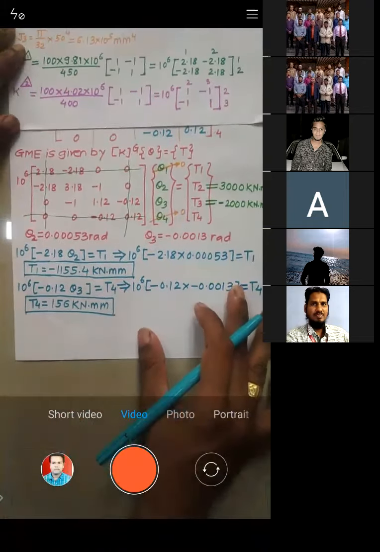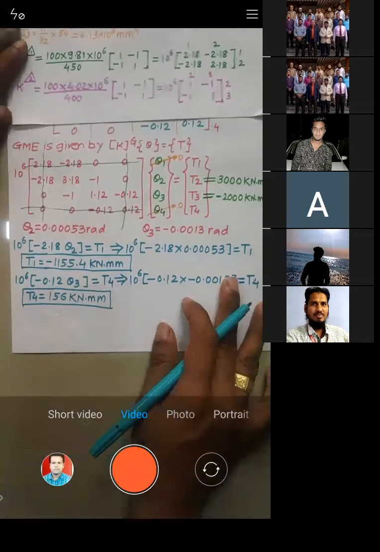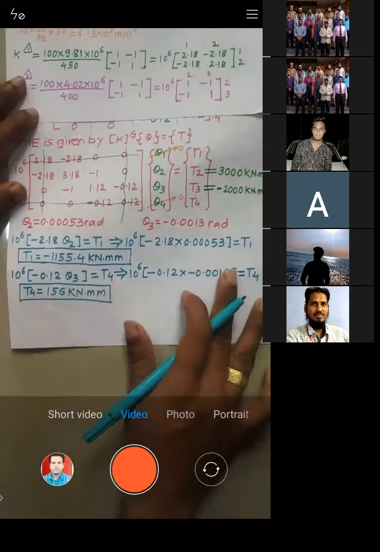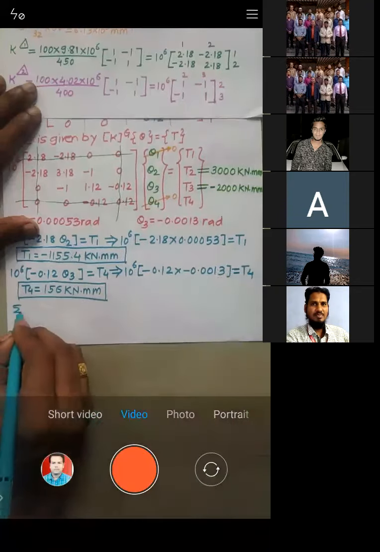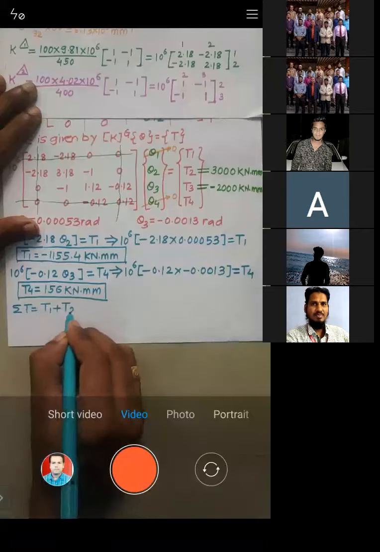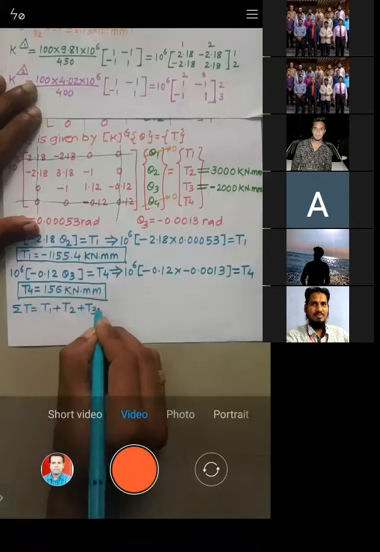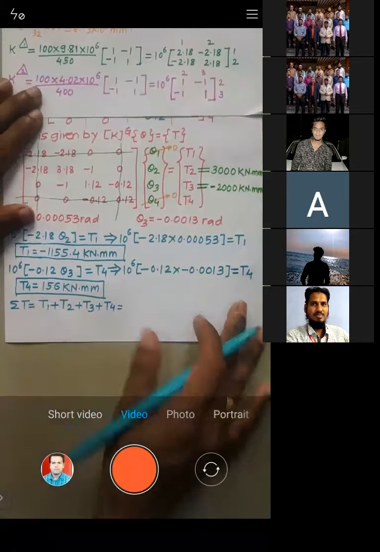Now we need to check whether the summation of torques is tending to 0 or not. That is nothing but the condition of equilibrium. So just check the summation of torque. That is basically the addition of T1 plus T2 plus T3 and plus T4. Let's do this calculation.